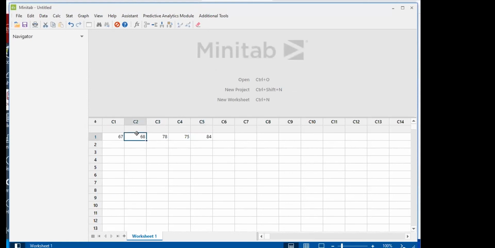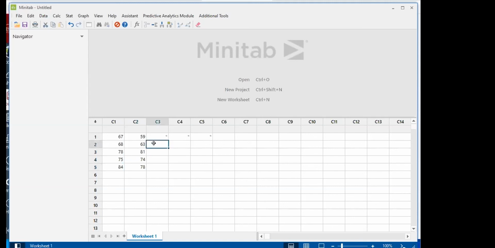Oh, that is not C1, that's row 1, isn't it? Didn't pay attention. Okay, 68, 78, 75, and 84. Okay, under C2, all right, 59, 63, 81, 74, and 78.